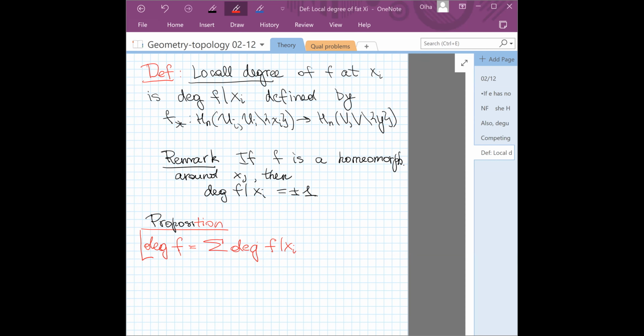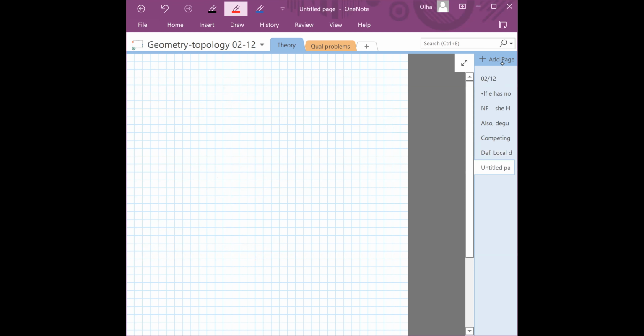Now we can use this fact to do the following example. Last quarter, there was a problem to construct a map from S1 to S1 and from S2 to S2 of any degree, basically. And now we're going to do the same thing, but for Sn.